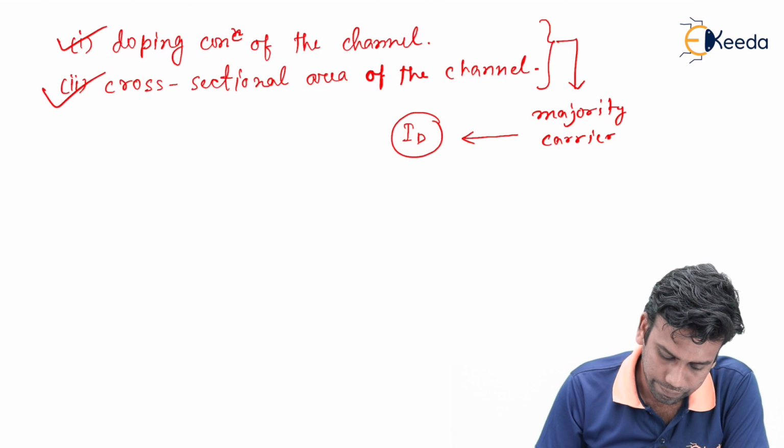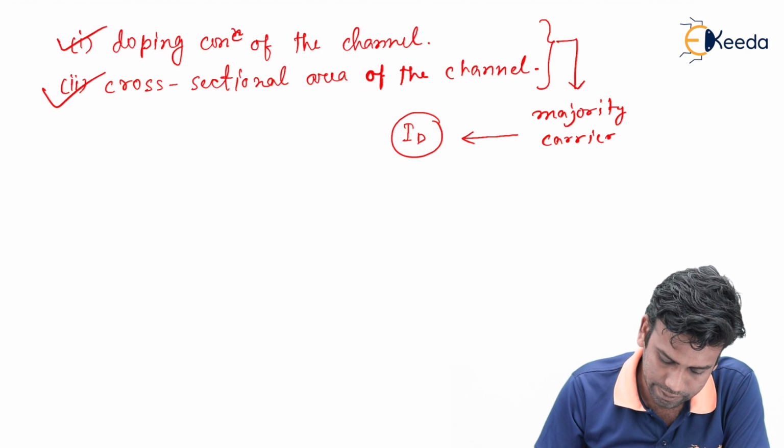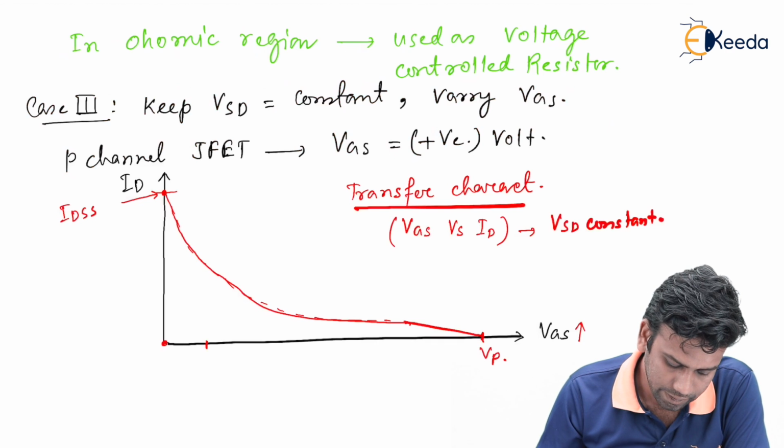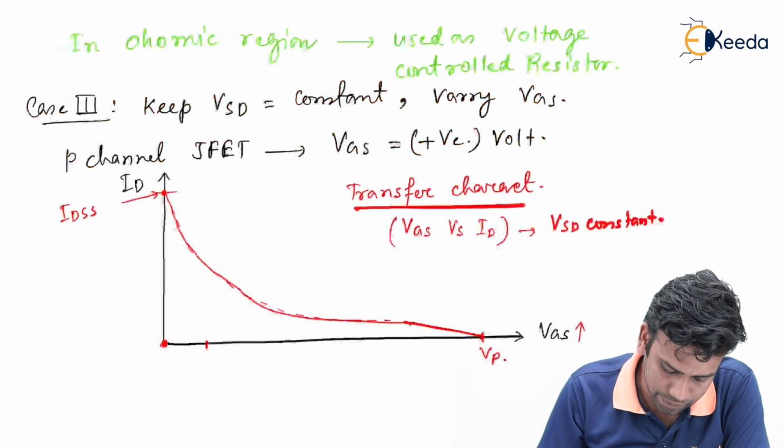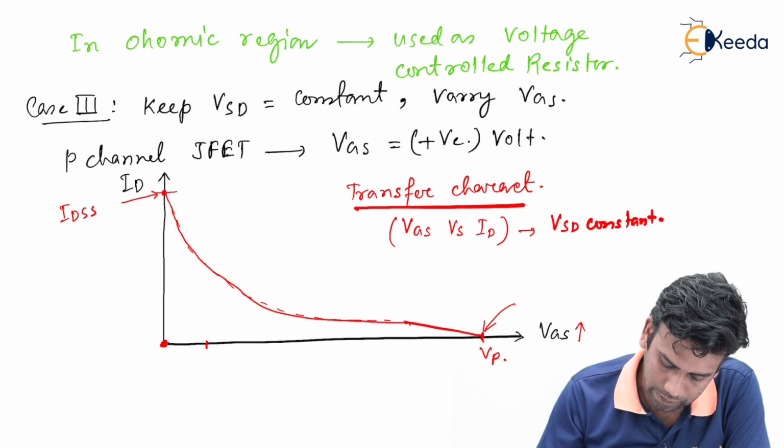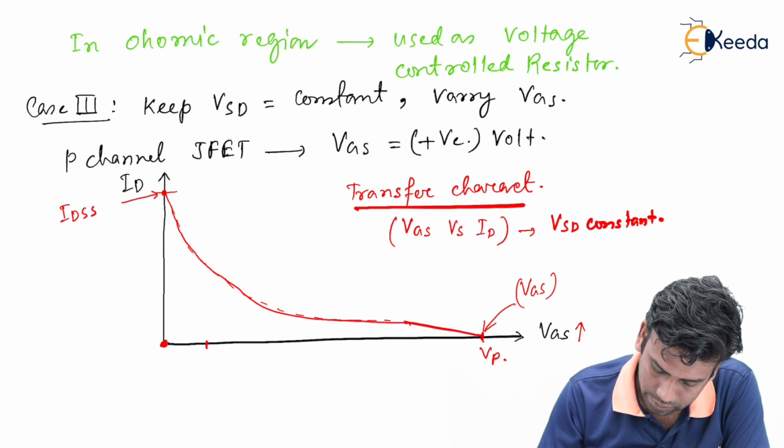And this value of VGS, where the ID current becomes 0, is called the pinch off voltage or VGS off.